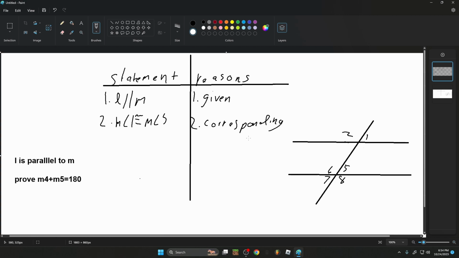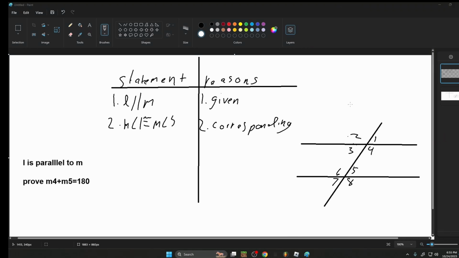The astute will notice that I didn't write down the numbers, and that these are consecutive angles. We could easily go from the given to consecutive angles, but we don't want to do that. We want to prove it.